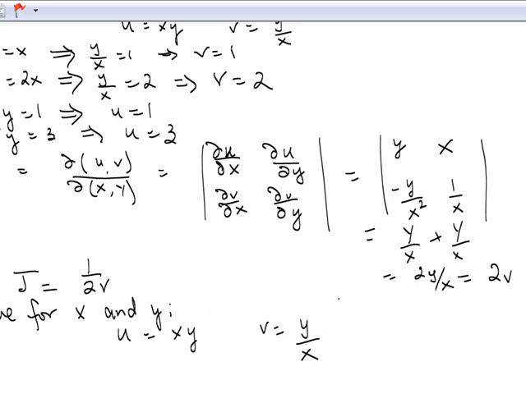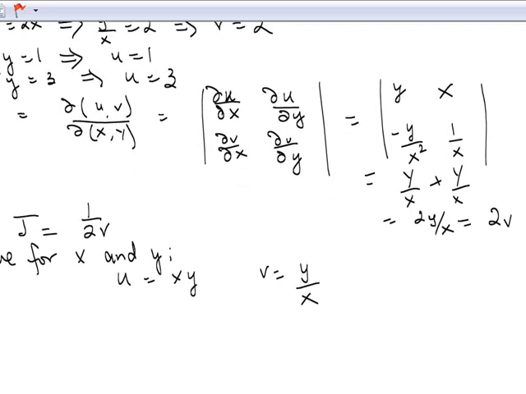All right, we can solve this in so many ways. One way we can do it, and the reason I know we can do it that way, is because u is a product of x and y, and v is a quotient of y over x. Why don't we multiply the two? Find uv. What do you get? uv is y squared.